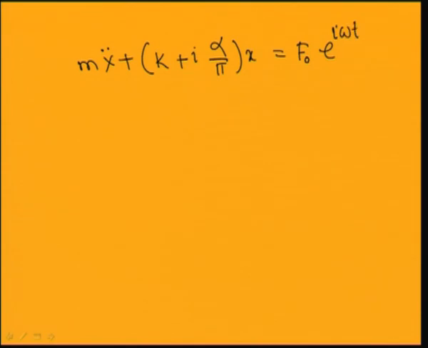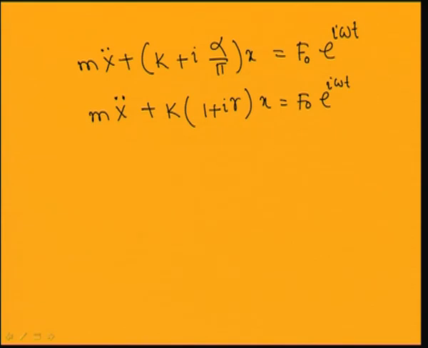So, in this case this equation you can also write in this form, that is m x double dot, you can take k common. So, it will be k into (1 plus i gamma) x equal to f0 e to the power i omega t.